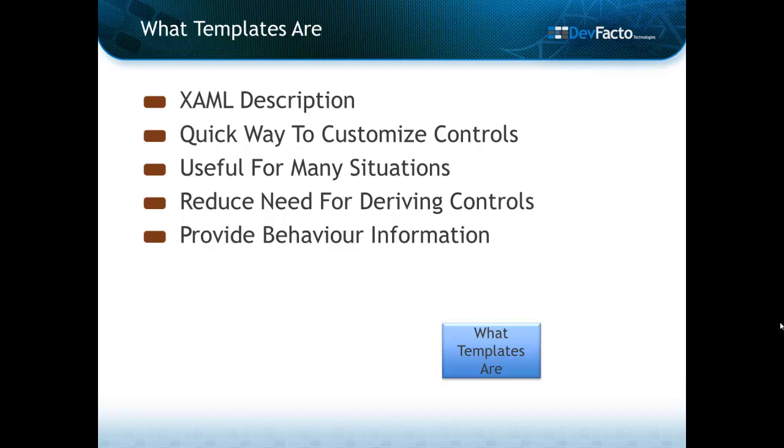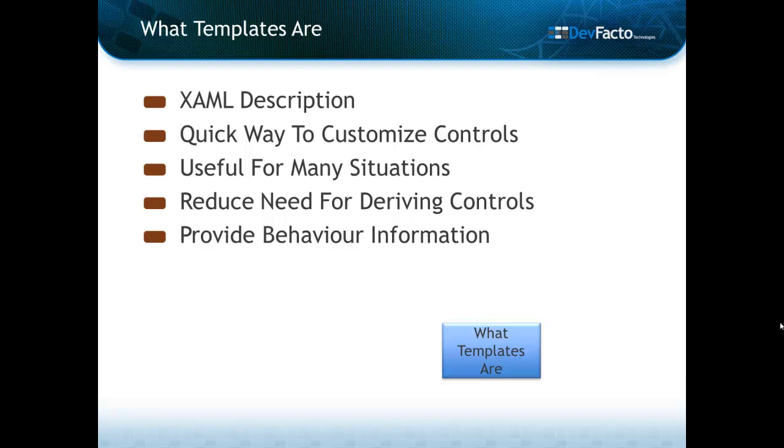As well, using triggers in your templates will provide behavior information. This is how your control behaves. And we'll see some of that later. It will become more clear. But you can also embed a lot of behavior control for visual-only stuff. So if a mouse is hovering over your object, you can set a trigger to say, hey, change my background, change my border, whatever. You can start a storyboard.